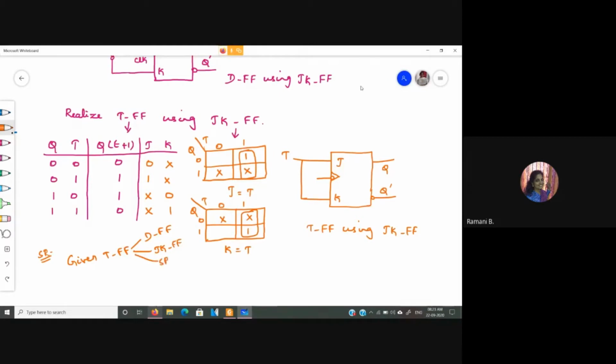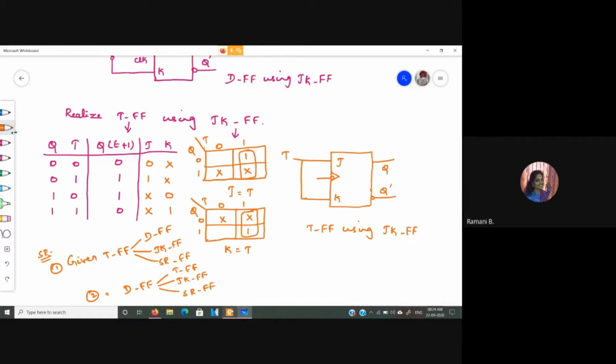Then in the same way, given a D flip-flop, you can try implementing T flip-flop, JK flip-flop, and SR flip-flop. So this is the realization of one flip-flop using another.